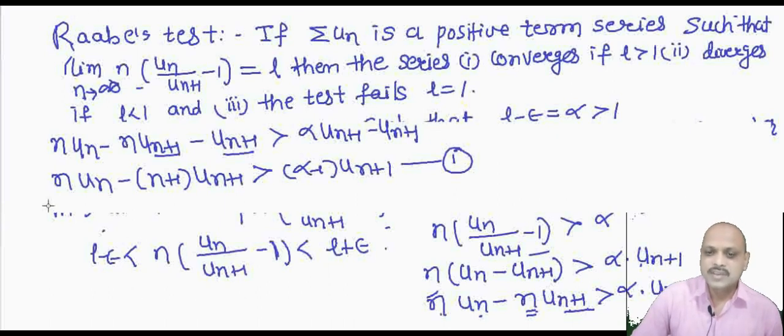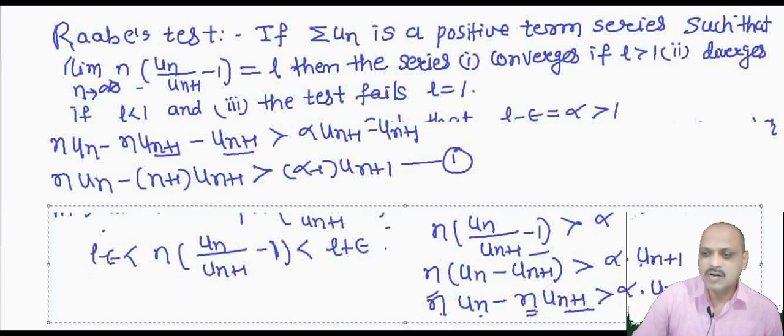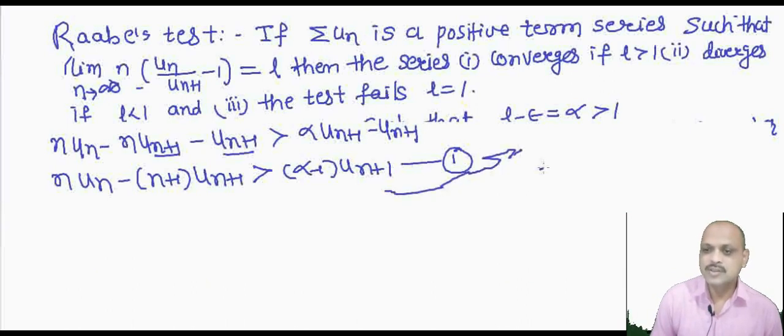This is satisfied for all the values of n greater than or equal to m. Now in equation 1 we put n equal to m, m plus 1, up to n minus 1.